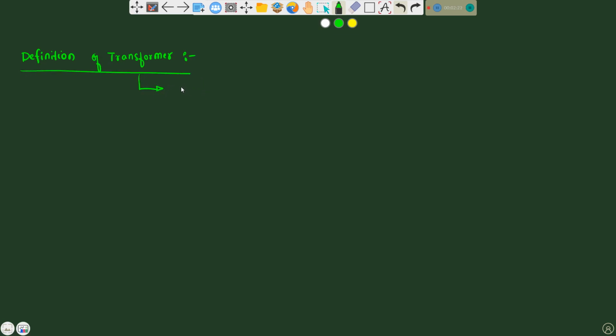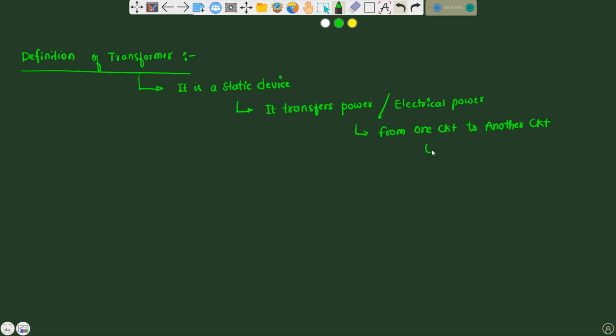A transformer is a static device. What it does is transfer power, or electrical power, from one circuit to another circuit without changing its frequency.